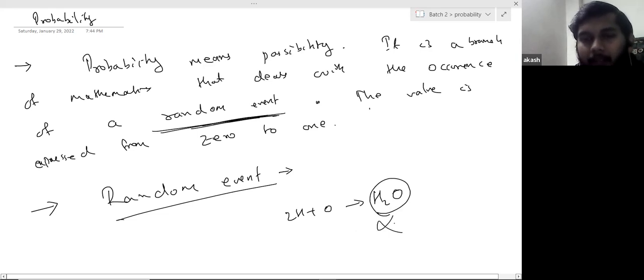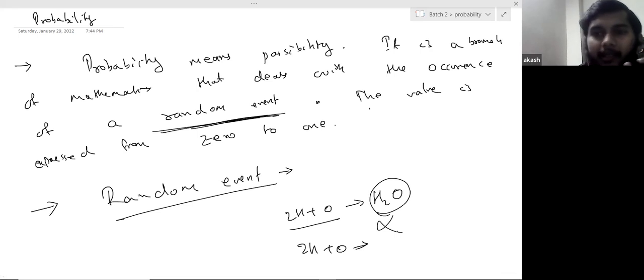All right. A random event is something that if you do this again, 2H plus O, you should not know what you are going to find out. That is what a random event is. One thing more, you know the set of values that you are going to find. If you are tossing a coin, you know you are going to get either heads or tails, right?